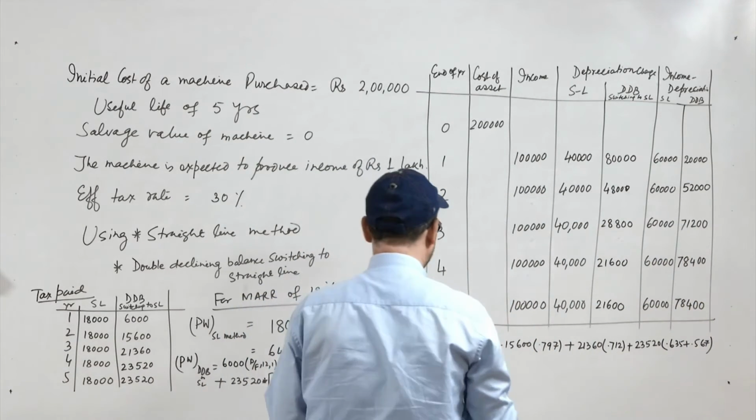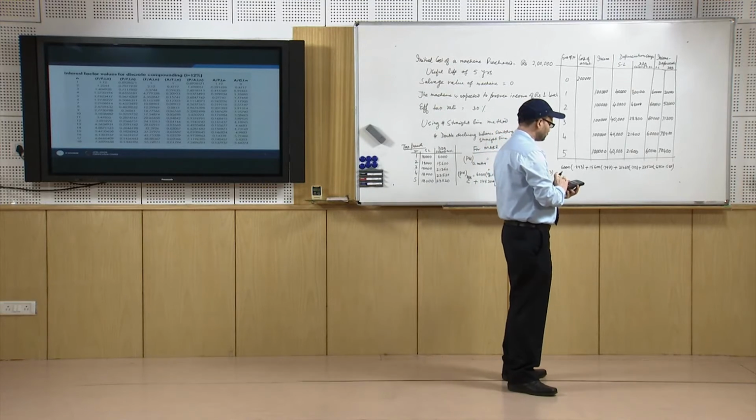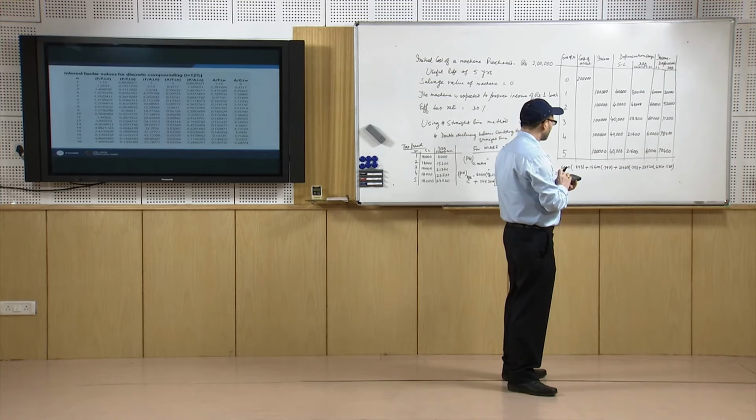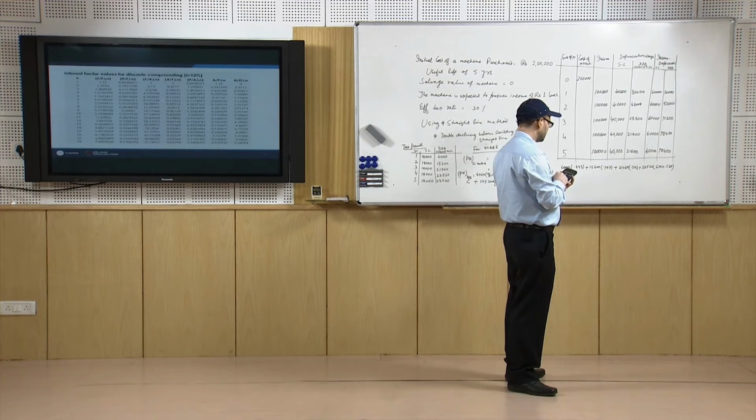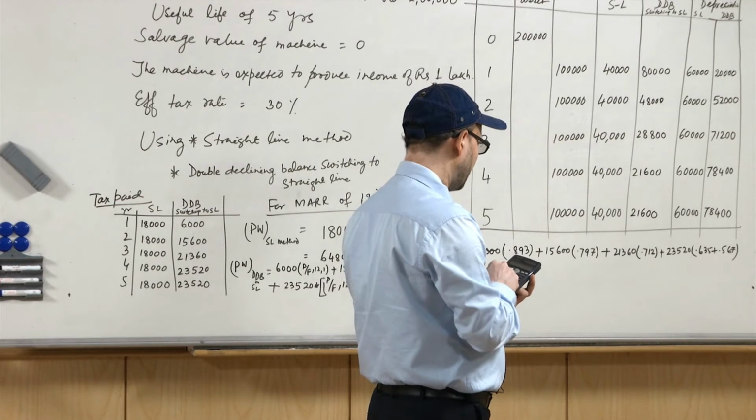So, this will be equated. We can have 0.635 plus 0.567 multiplied by 23,520, plus 21,360 multiplied by 0.712, plus 15,600 multiplied by 0.797, plus 6,000 multiplied by 0.893.